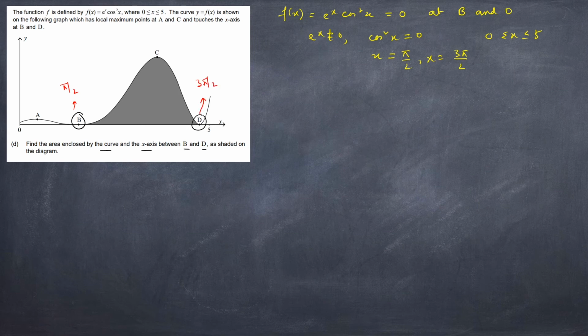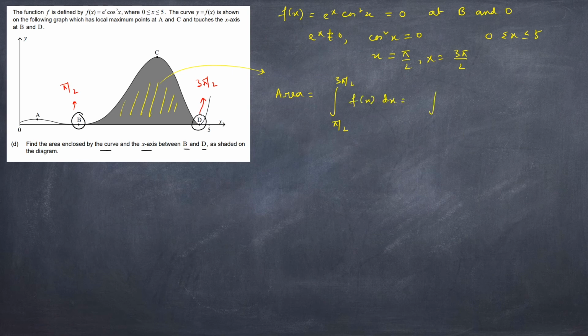And what do we need to calculate? We need to calculate this part: find the area enclosed by the curve and the x-axis between B and D. So only this particular area we need to find out. And the formula for this will be, the area equals integration from pi by 2 to 3 pi by 2 of f(x) dx.